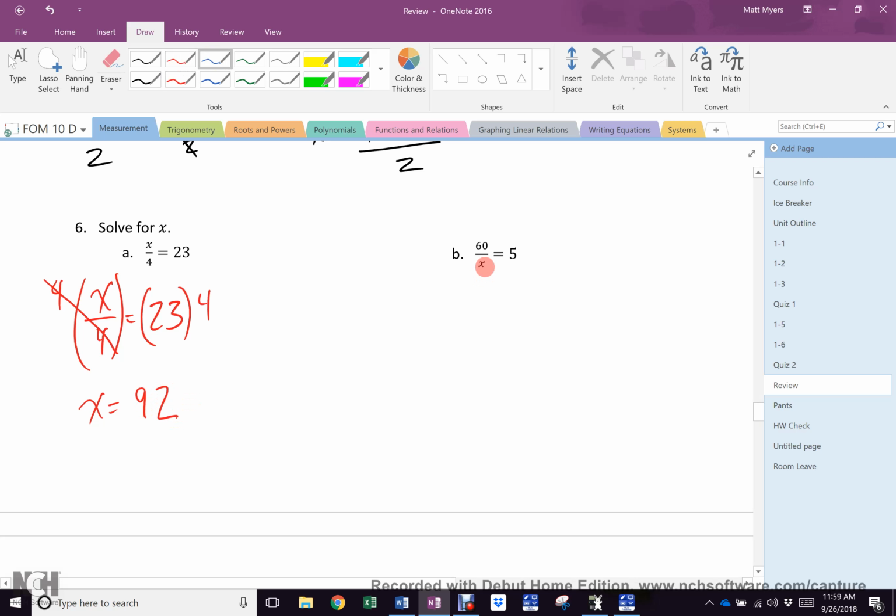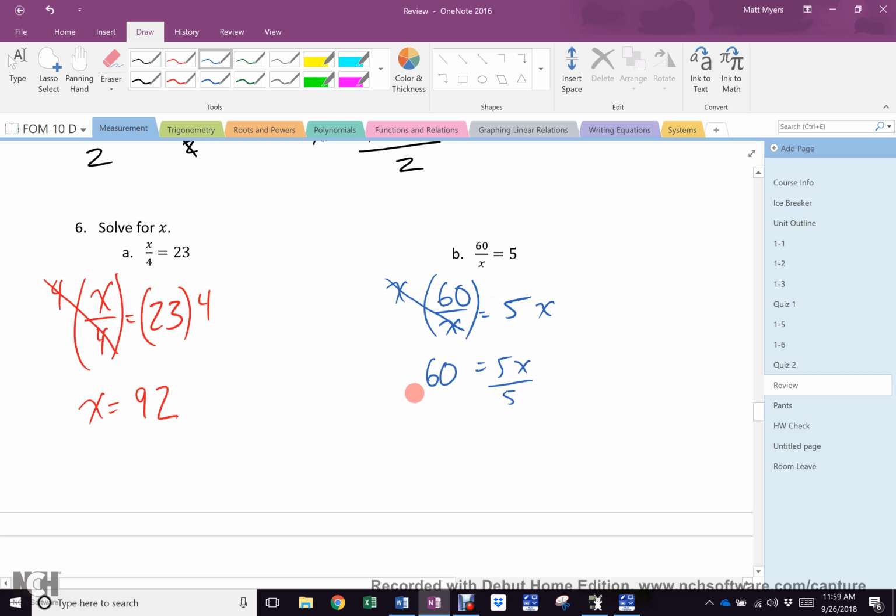Now, over here, x is on the bottom. I don't want x on the bottom. I want x by itself. So I multiply this side by x because it's got to move. Anything that moves, I have to do the opposite. So this is divided by x. Multiply by x, now they cancel, and I get 60. If I multiply the left side by x, I got to multiply the right side by x. 5x.